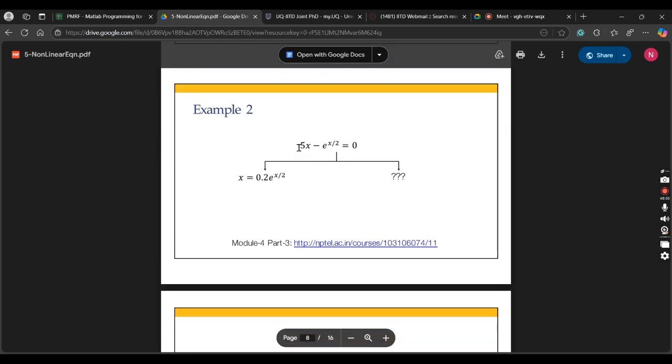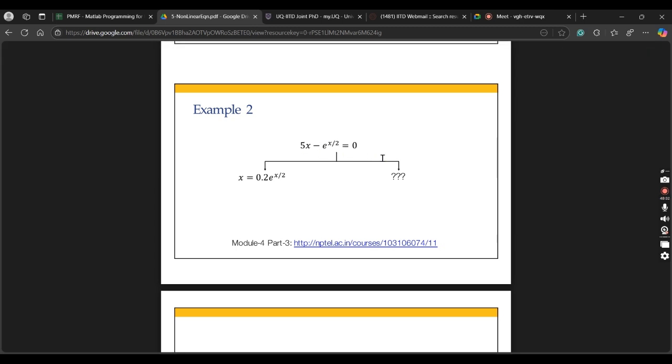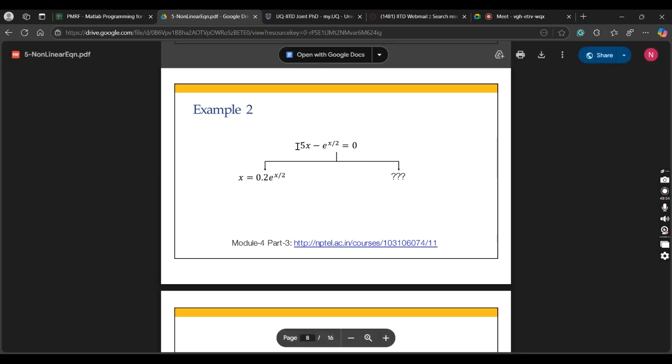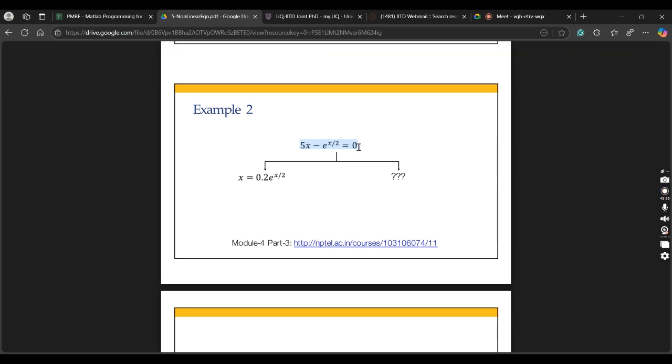So we had one more example in the exercise. Let us try to solve this also.